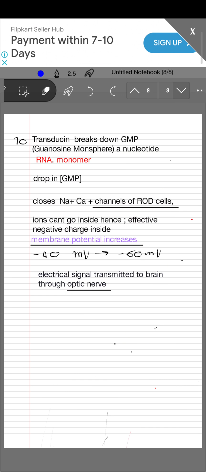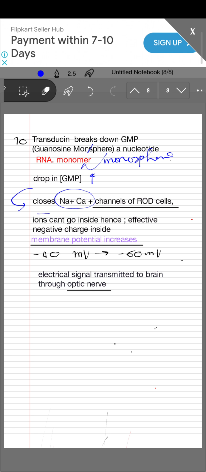Now, this transducin breaks down cyclic guanosine monophosphate, which is a nucleotide and an RNA monomer. Since it is breaking down, there will be a drop in the concentration of GMP. This drop in GMP leads to the closing of the channels for the sodium and calcium ions inside the rod cell.